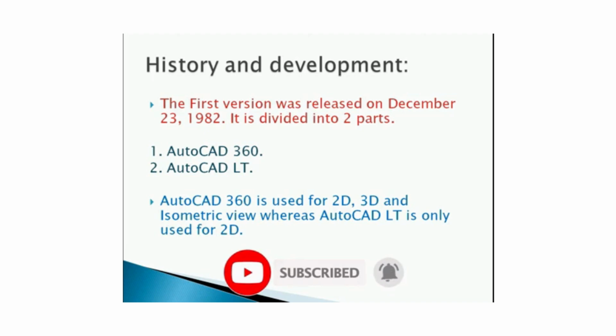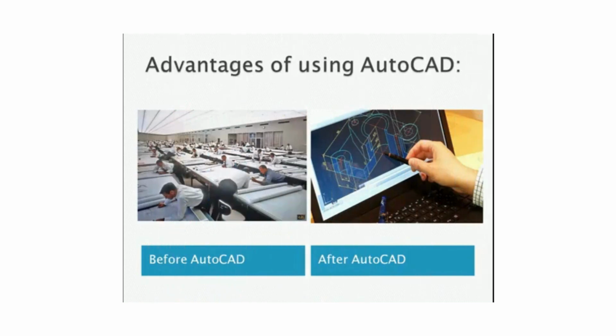So our next topic is advantages of using AutoCAD. You can see here the major advantage of using AutoCAD. You can see the before and after using AutoCAD difference here. Before implementing the AutoCAD software, all engineers used drafter and sheets to draw a design.